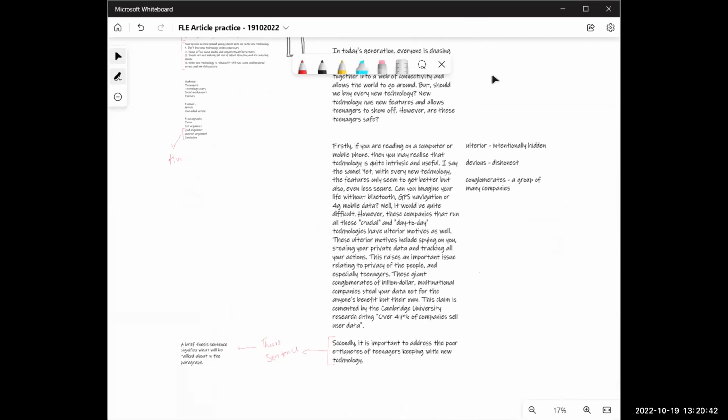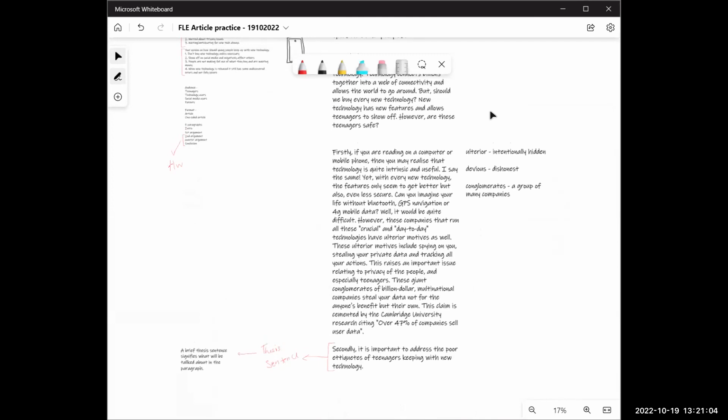Recap. Sir, I learned the meaning of ulterior, which is intentionally hidden, and devious means dishonest, and conglomerates are a group of many companies. And we got to know what a thesis statement is. A thesis statement is a brief sentence which signifies what will be talked about in the paragraph.